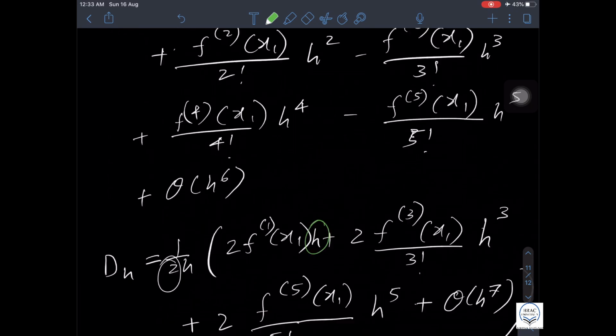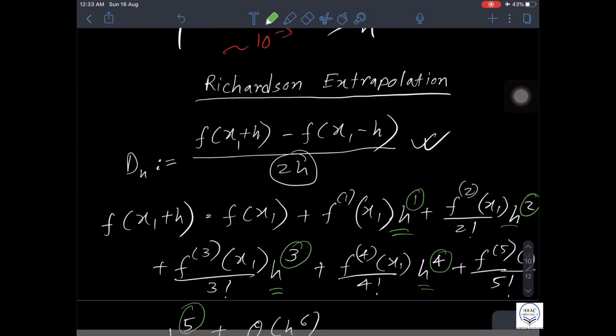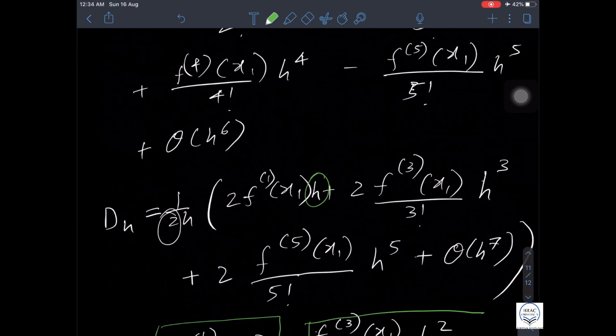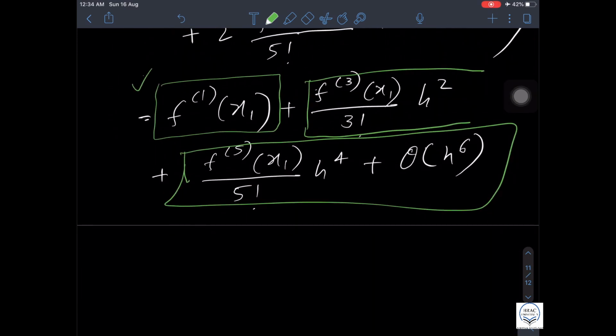So if you use this formula for central difference, then you'll get the exact value plus an error of order h square at most, right? There are higher powers of h, but the most dominant one for h less than 1 is h square.